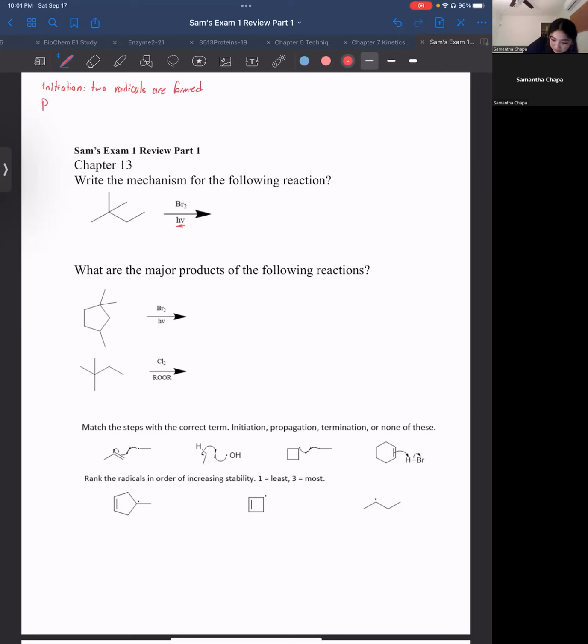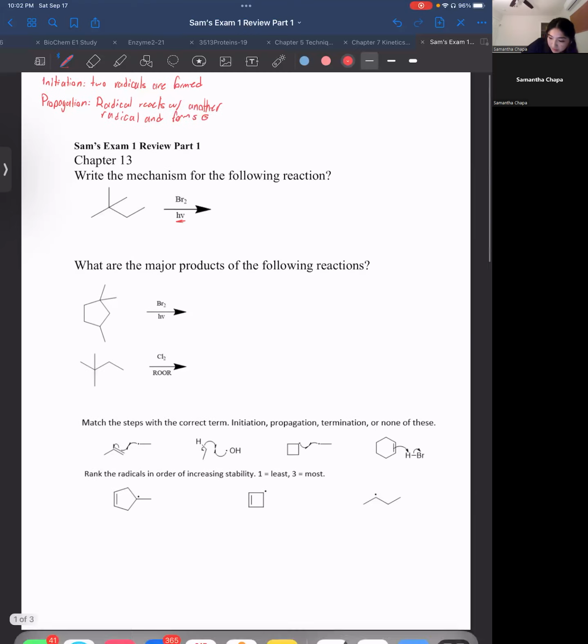We have propagation, when a radical reacts with another radical and forms a new sigma bond plus a new radical.